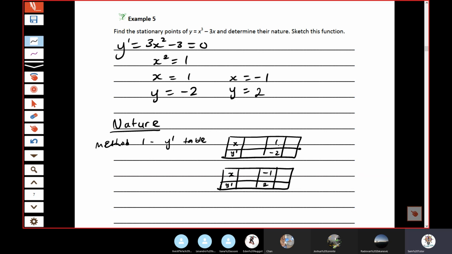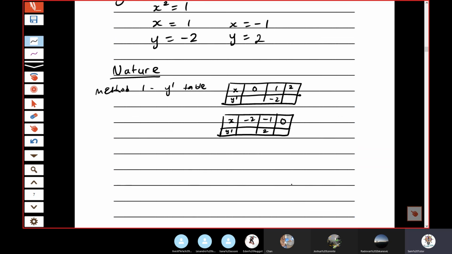So at y dash table, you choose one number before, one number after. One number before, one number after. Yes? Remember this?